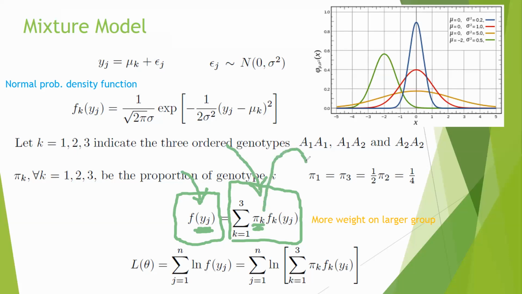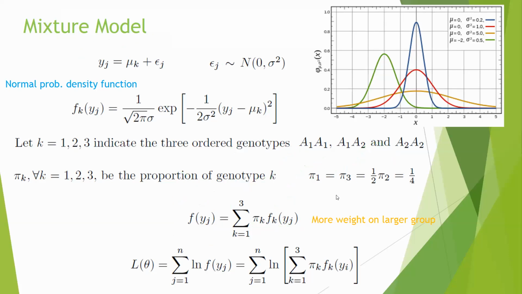Because we knew this individual must come from one of the three categories. So that's why we put the weight here, multiply it by each normal density function, and make a summation. So this is a sum of the three, and this is called the mixture model. Any questions? Is that clear?